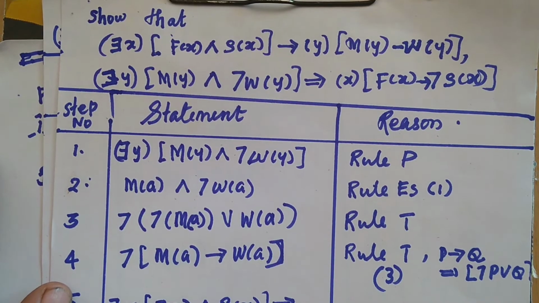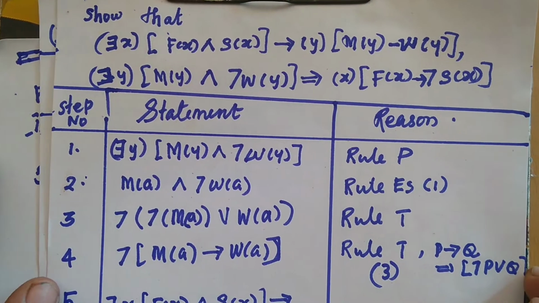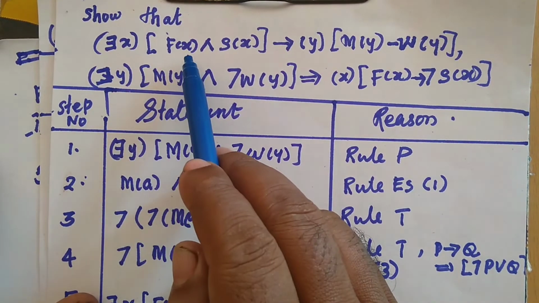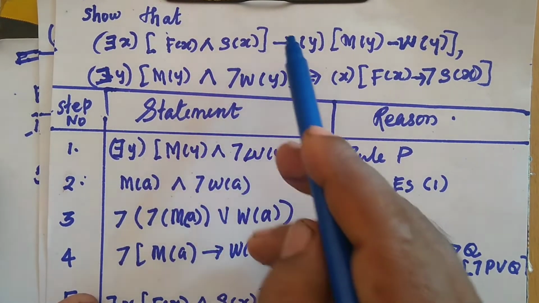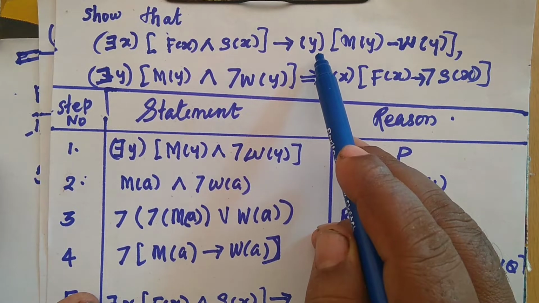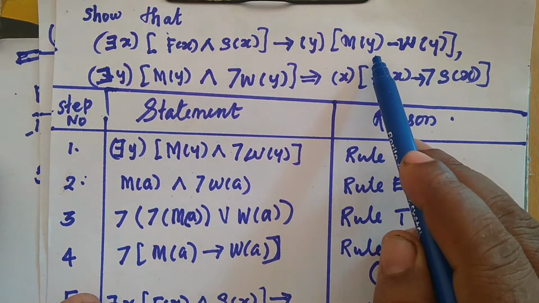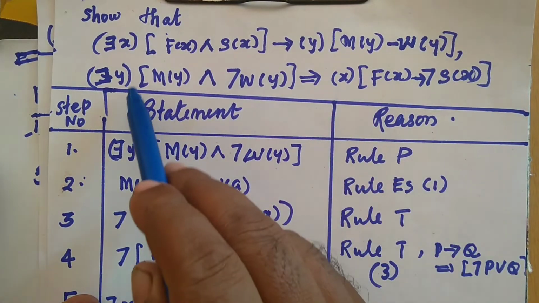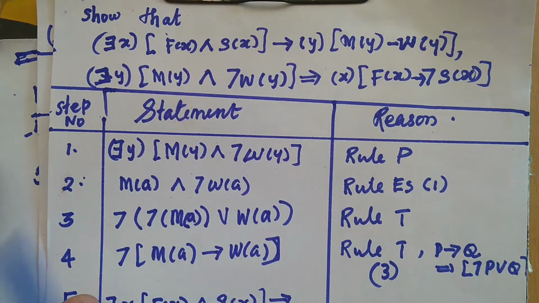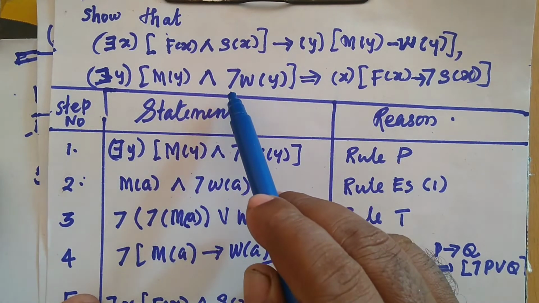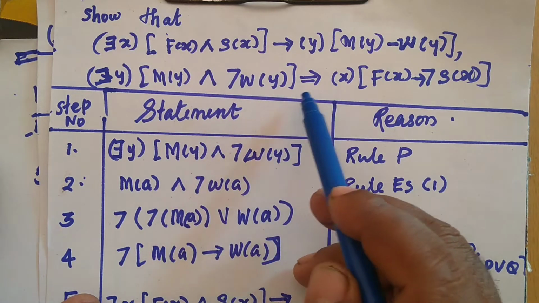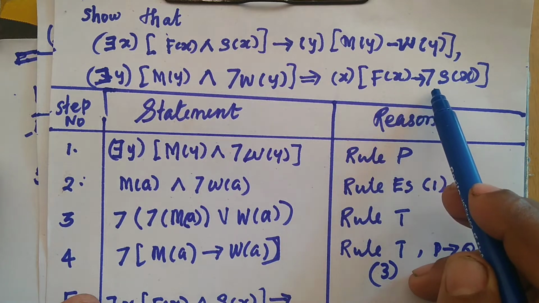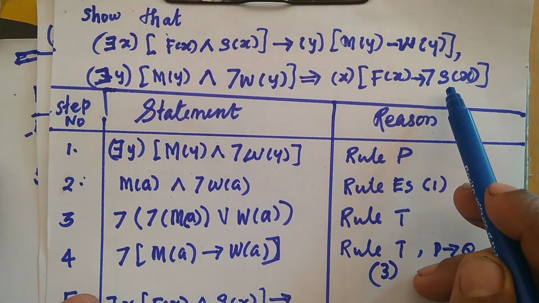So the next one is the little big problem. That is: there exists x, F of x and S of x implies for all y, M of y implies W of y; there exists y, M of y and negation W of y; implies for all x, F of x implies negation S of x.